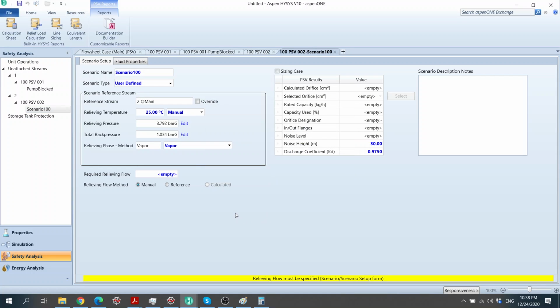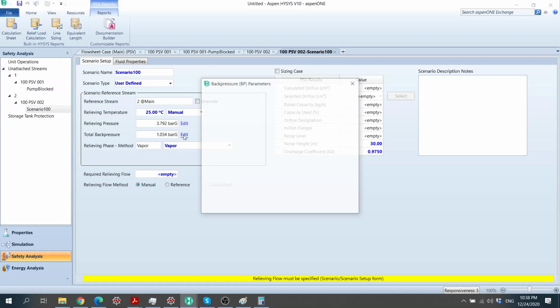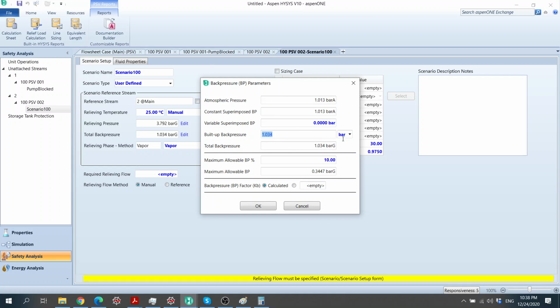Click OK. Back pressure is 20 psig. Back pressure calculated. Okay.